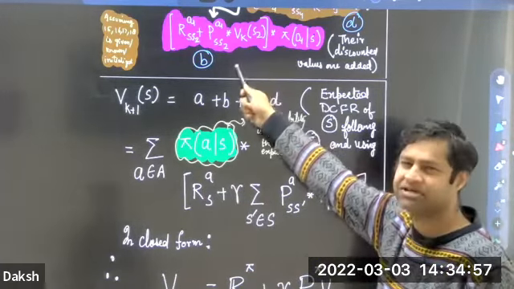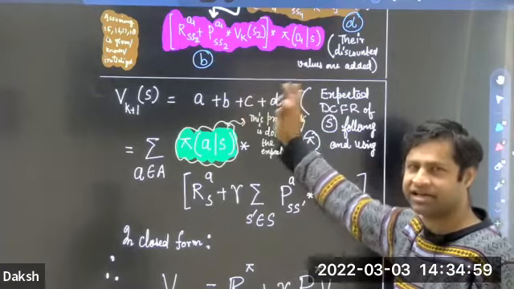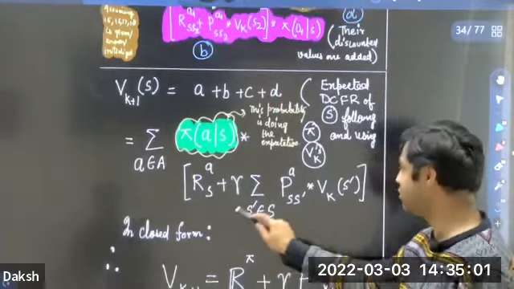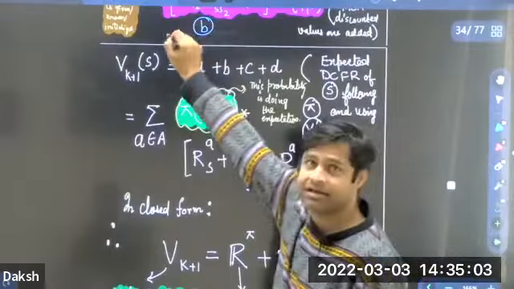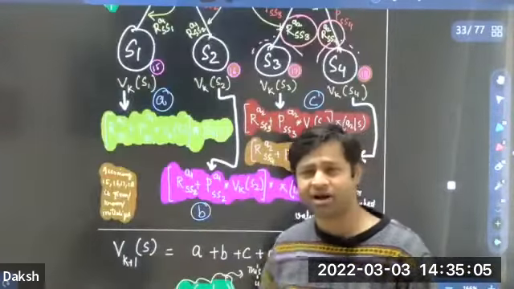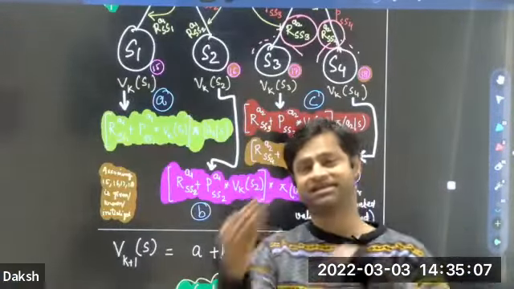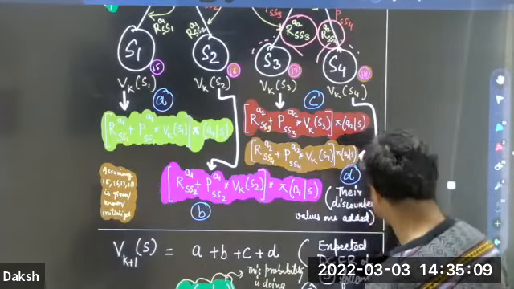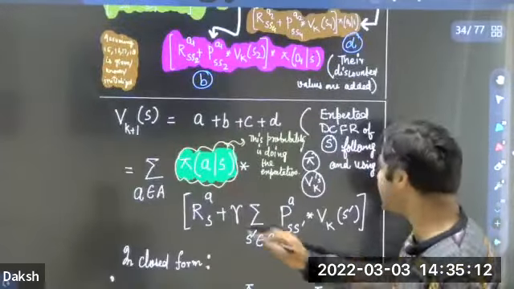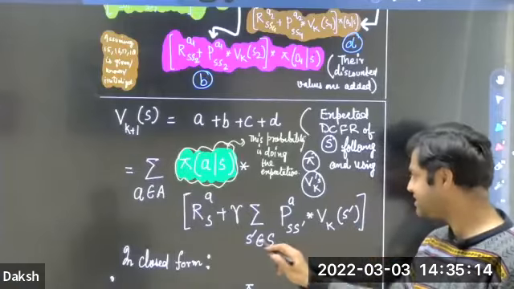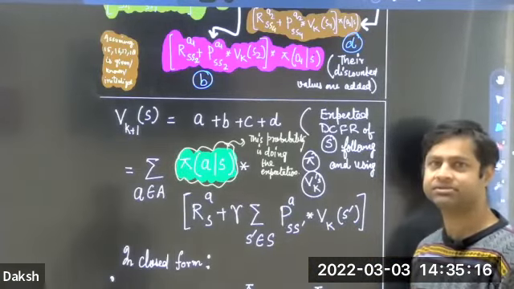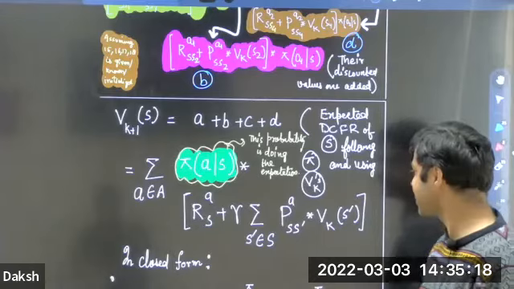There I didn't use gamma just for the sake of easiness, but you know that S1, S2, whatever, are not going to be directly contributing. They will be discounted and then contributed. So gamma times the sum over all states s dash, and this probability.